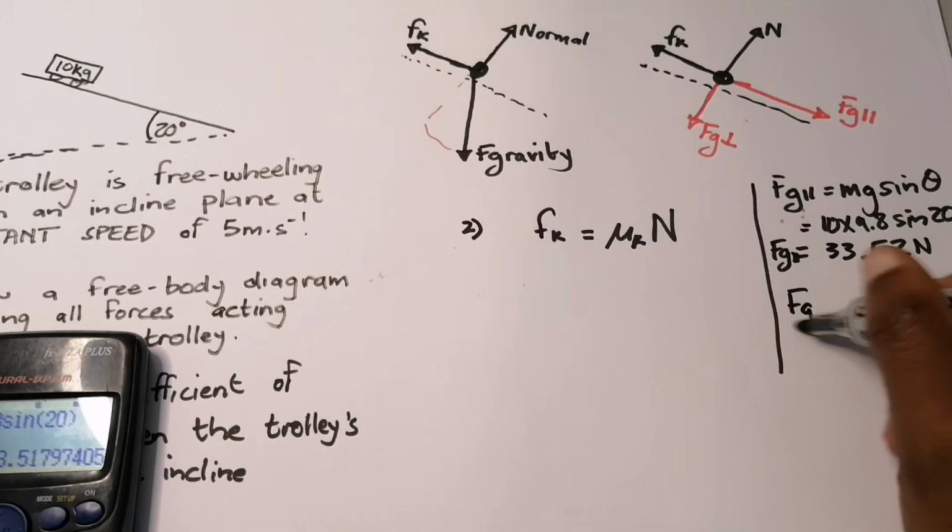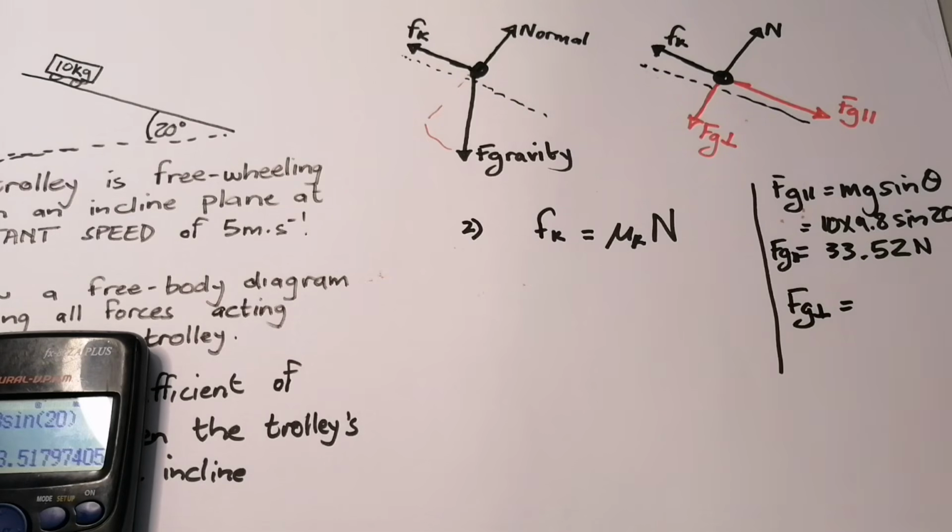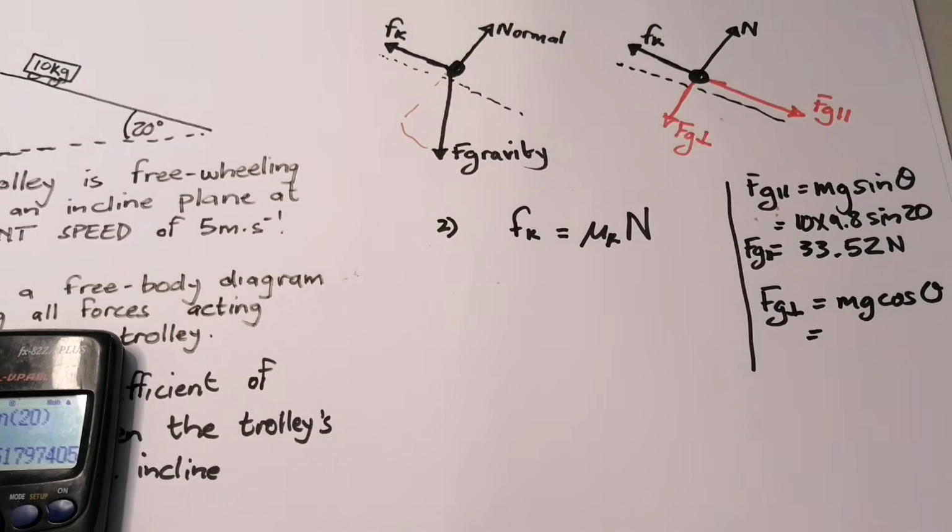And then what about my perpendicular component? This is simply going to be mg cos theta.